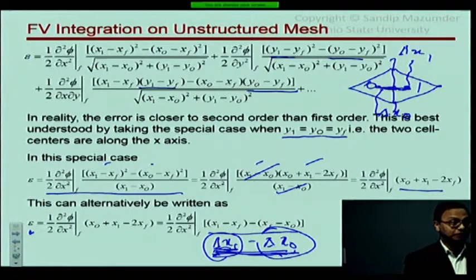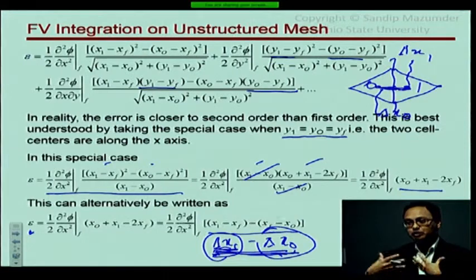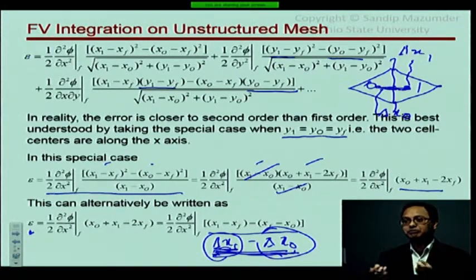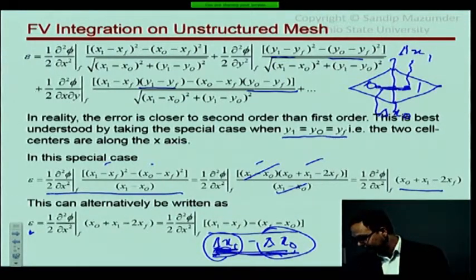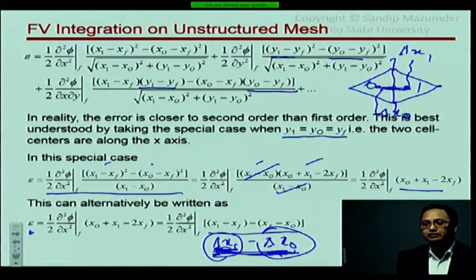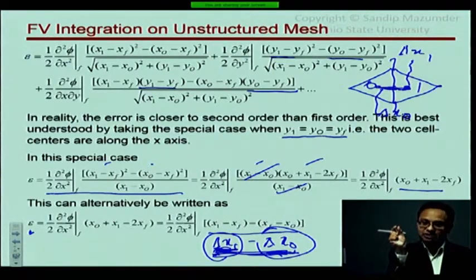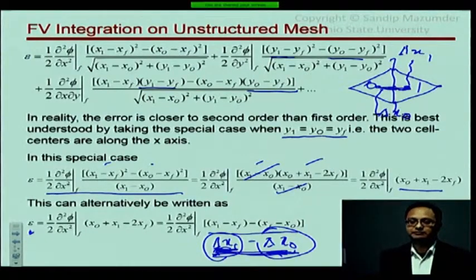On the other hand, if you stretch your mesh gradually and these two triangles are almost the same size, maybe they differ by 5%, then these two quantities will be very similar and you will still have that leading order error term, but it will be multiplied by a very small value in front. Everybody get that?